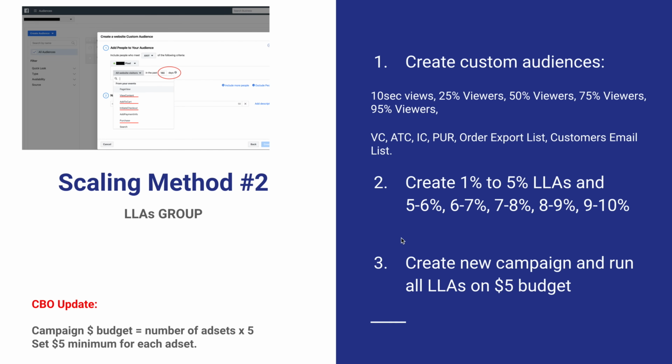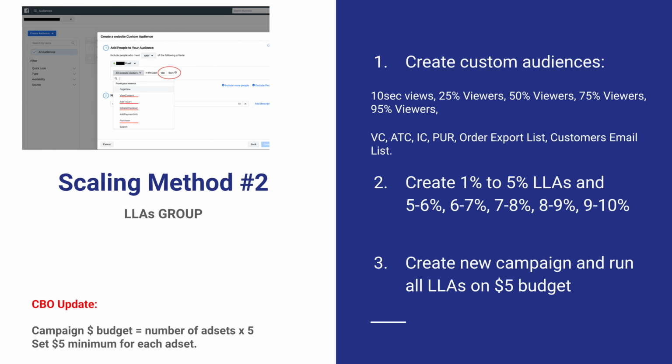So we are going to test all the lookalike audiences that we created. Put all these lookalike audiences in separate ad sets, and then we will run them all on a $5 budget each.